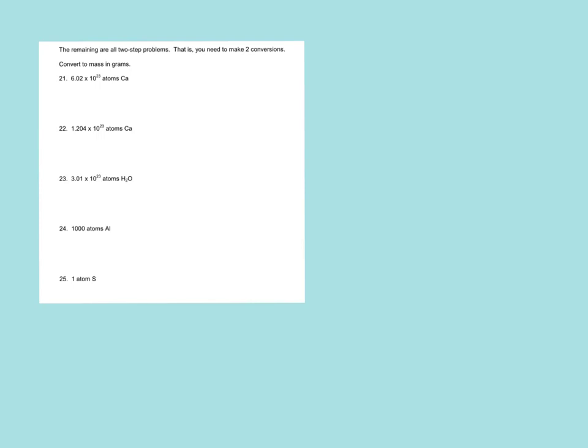The key thing to remember is that, for instance, here you want to go from atoms or particles to mass in grams, and there's no direct path from atoms to mass in grams. So you need to go from atoms or particles to moles and then to grams.